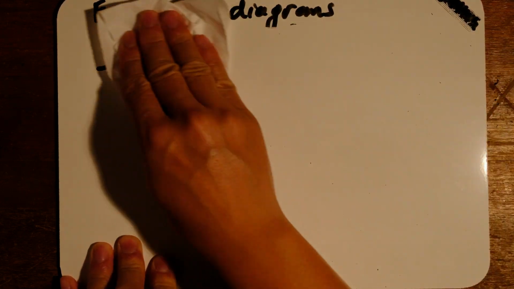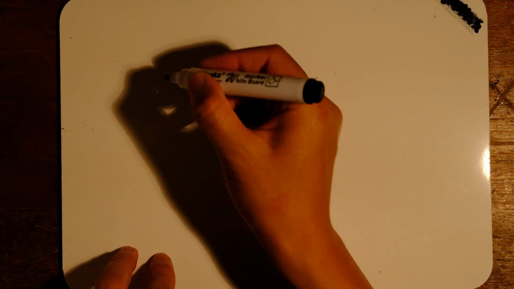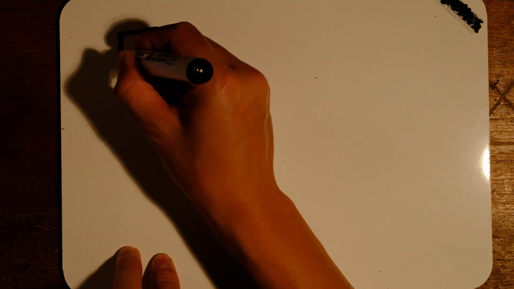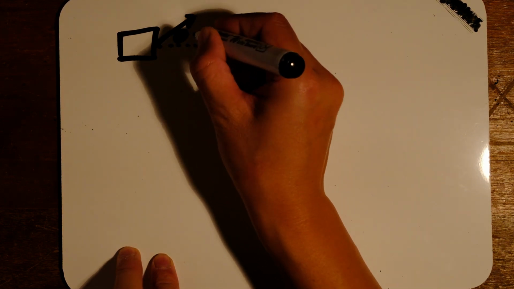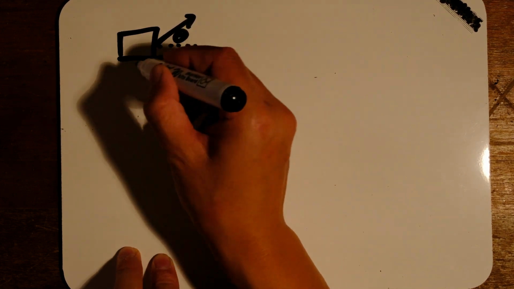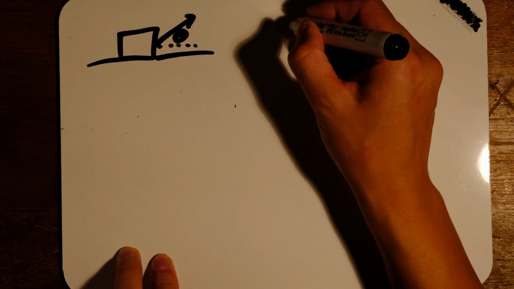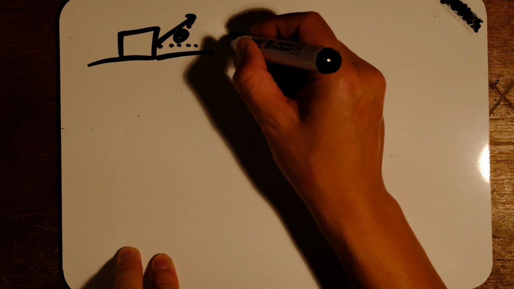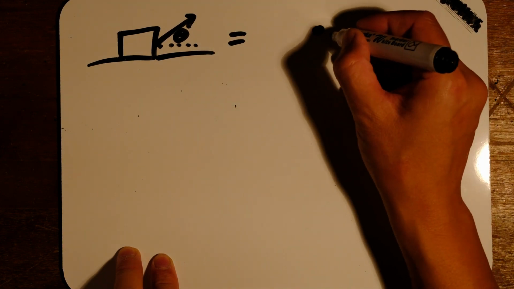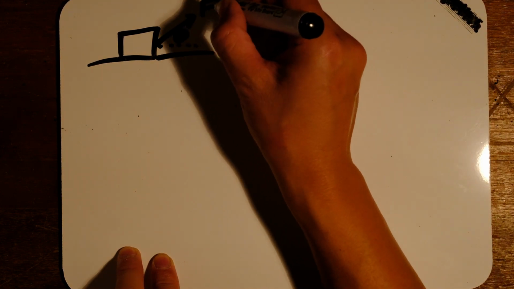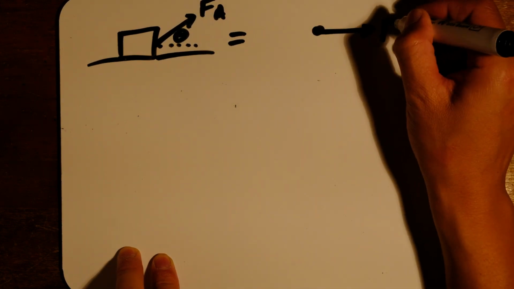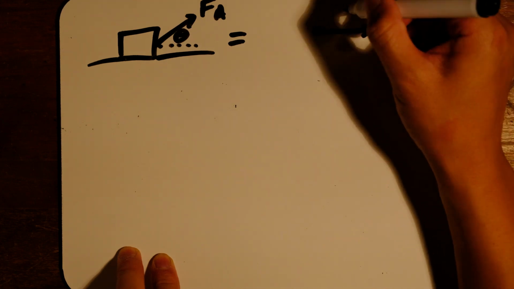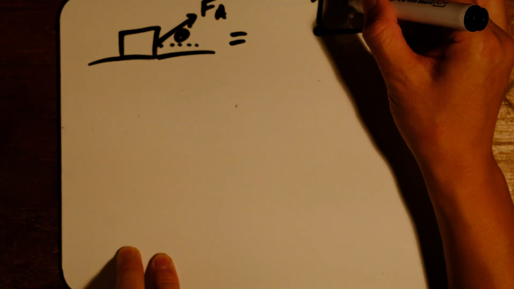Now, let's complicate things a little bit more by looking at objects where our force is being pulled up at an angle theta. Now the thing is, when we break it into free body diagram components, we have an FA, but if we break it down into components, there is an FAX.